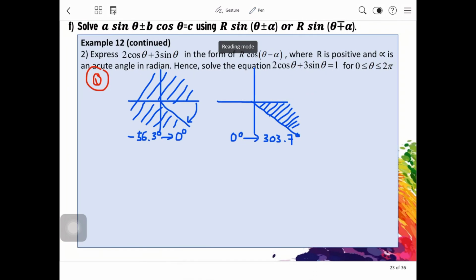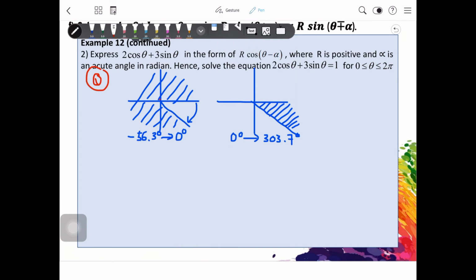In quadrant 1 and quadrant 4, cosine will be positive, but there's nothing that we can do about this part, so we're not going to choose any from that. We're going to choose from here, quadrant 1 and quadrant 4.